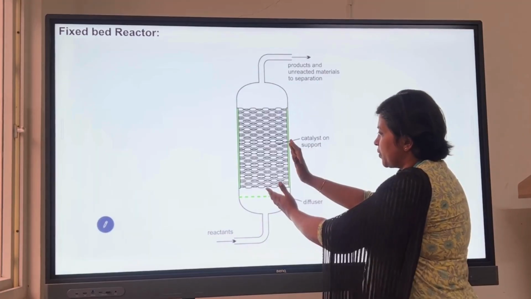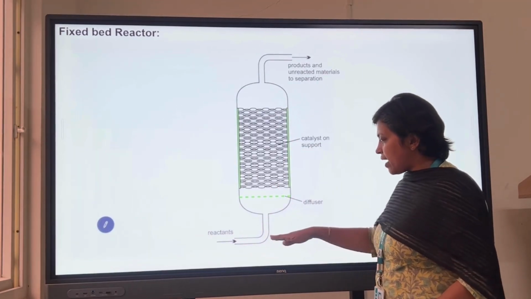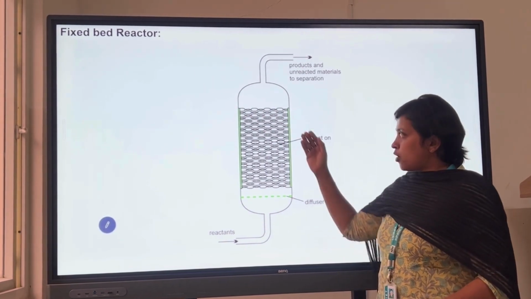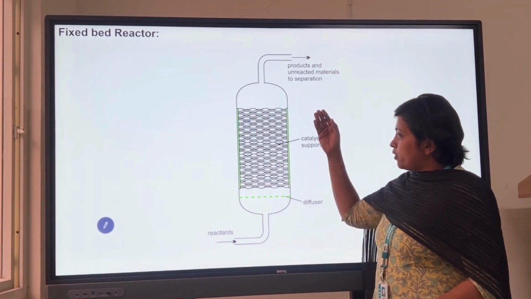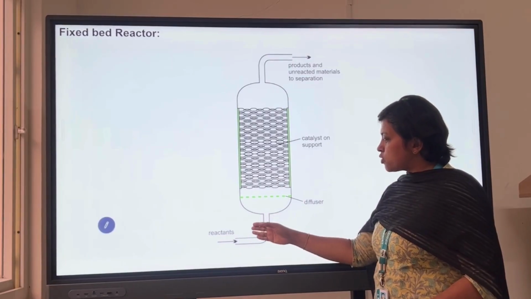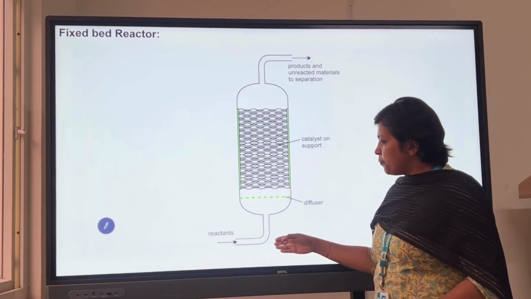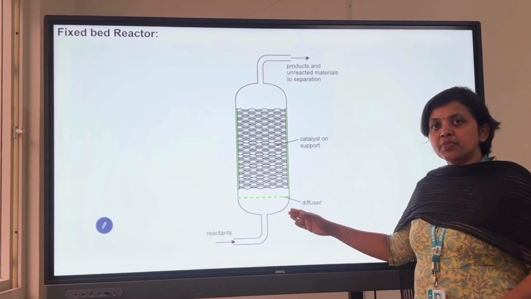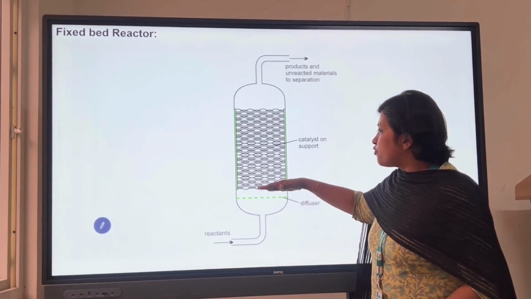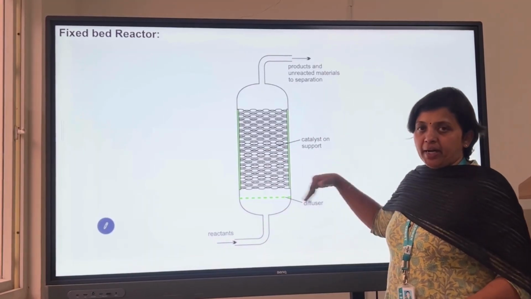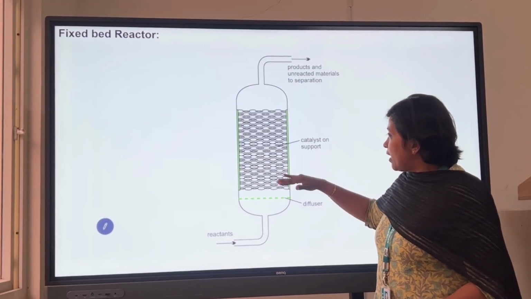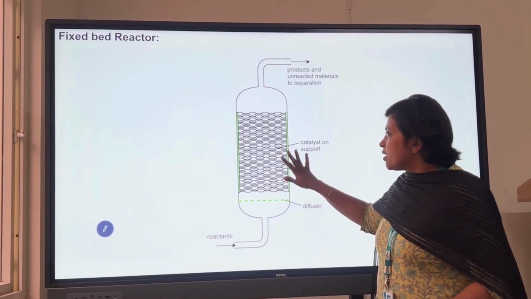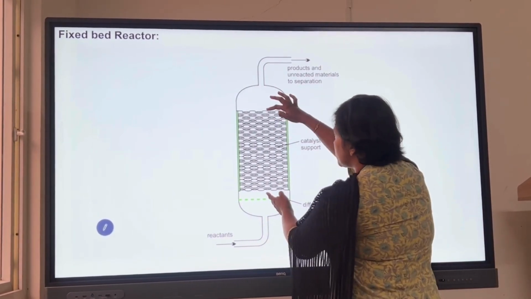This is fixed, and we can provide the reactant from the bottom side, and we can provide the reactant from the top also. If we provide the reactant from the bottom side as shown here, this is the diffuser. Through the diffuser, the reactant uniformly spreads into this fixed bed, and the reaction takes place here while crossing from this place to this place.